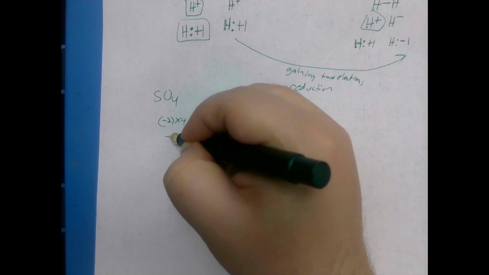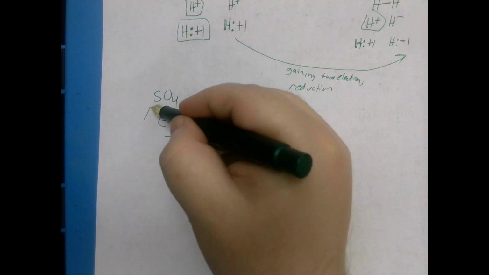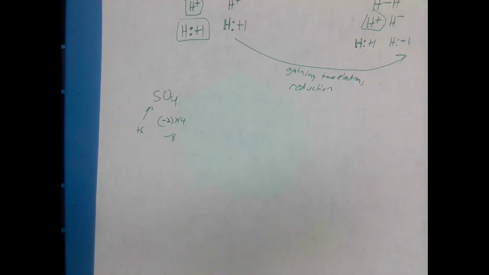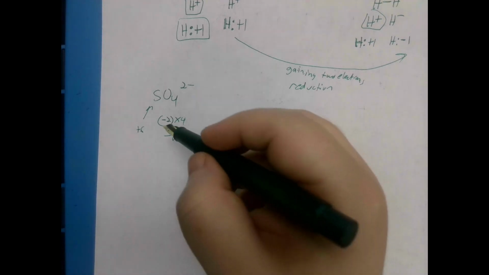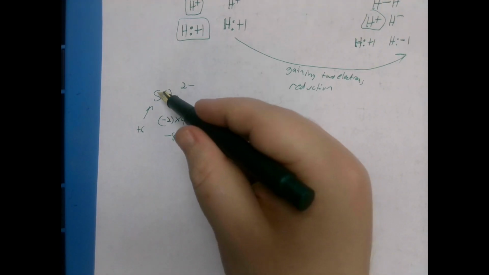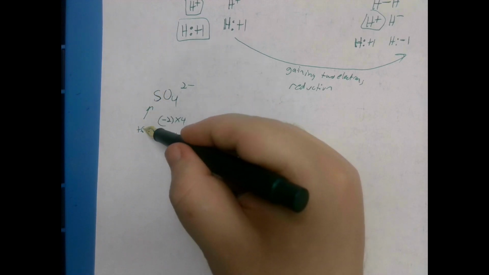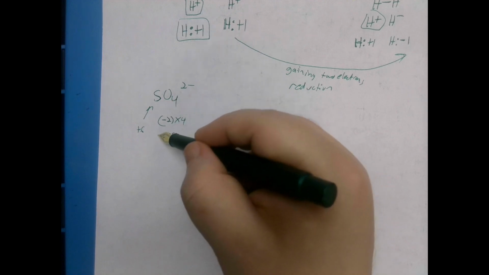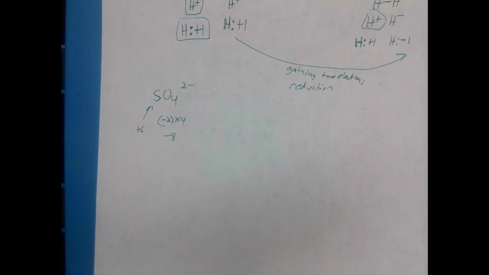You multiply by 4, that's over here, you get -8. And you can treat the charge of this as being +6, giving this a net -2. It would be better to say the oxidation number of oxygen is -2. The oxidation number of sulfur is +6. Then you can convert the combined oxidation number into a charge. Because sulfur does not get a charge, but does have an oxidation number.